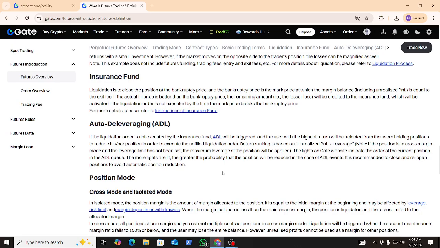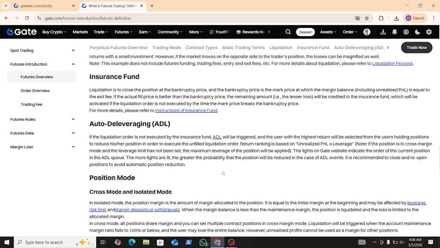If the liquidation order is not executed by the insurance fund, ADL will be triggered, and the user with the highest return will be selected from the users holding positions to reduce his or her position in order to execute the unfilled liquidation order. Return ranking is based on unrealized P&L and leverage.